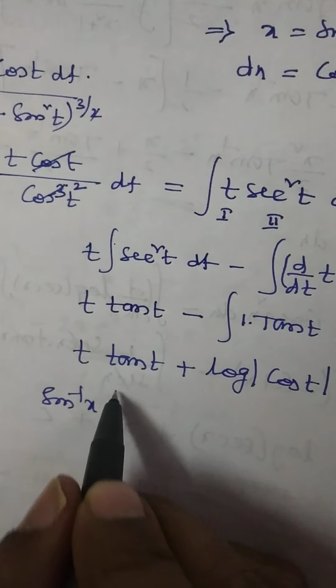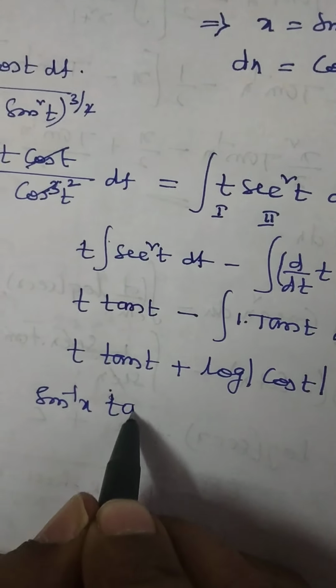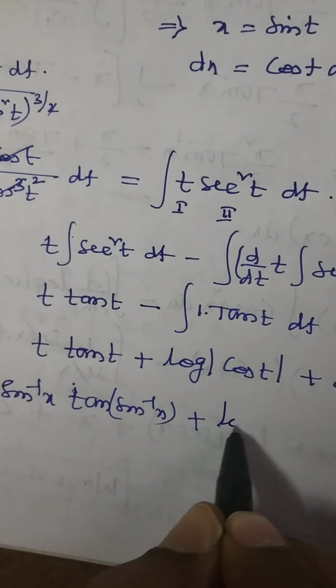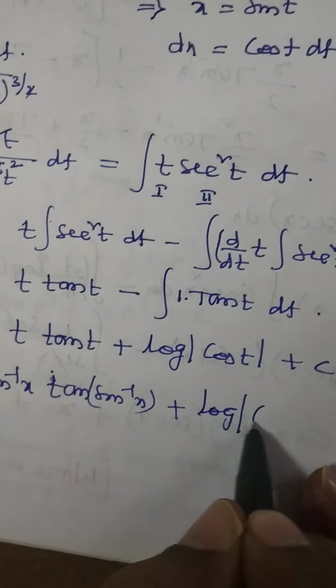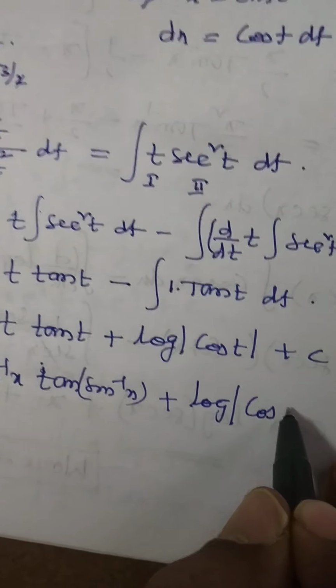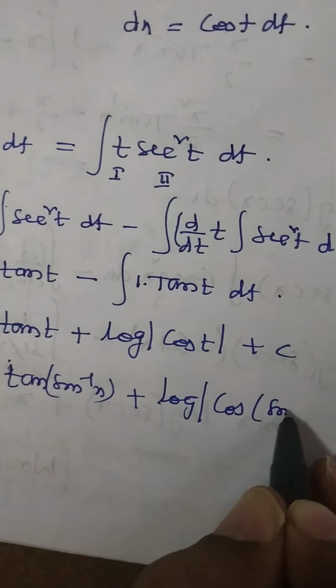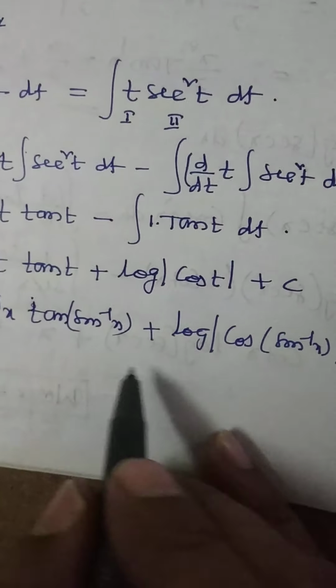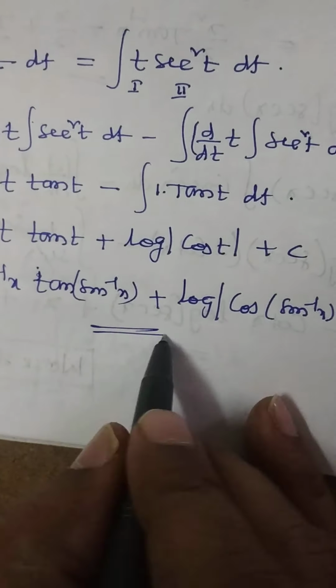So t into tan t gives sin inverse x into tan of sin inverse x, plus log of cos t, which is cos of sin inverse x, plus c. Okay, so here we can conclude this.